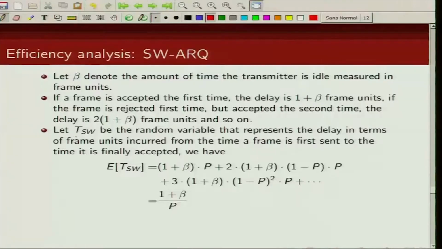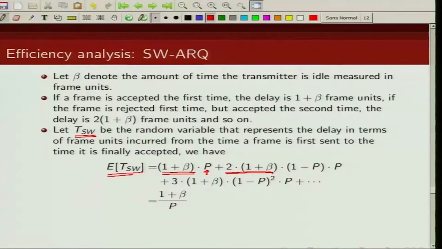So if we use this random variable T sub SW to represent the delay in terms of this frame unit, then the expected value of this is given by, so this is the delay involved when the frame is accepted for the first time, and this is the probability with which the frame will be accepted for the first time.